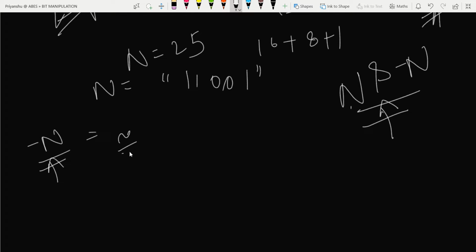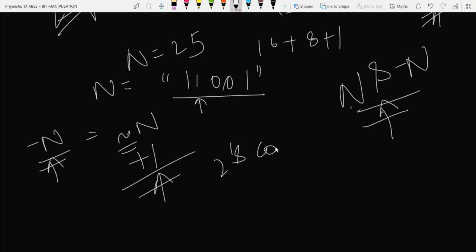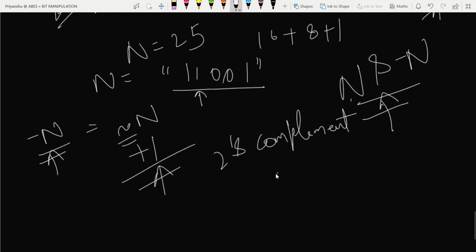We take the negation of the n representation and add 1 to it. This method is called the 2's complement method, in which we take the negation of the given bit representation and add 1 to it. So this one would be 0, 0, 1, 1, 0, plus 1 we added to it.